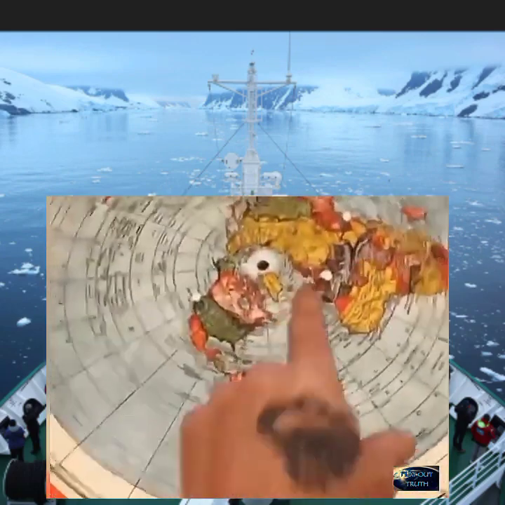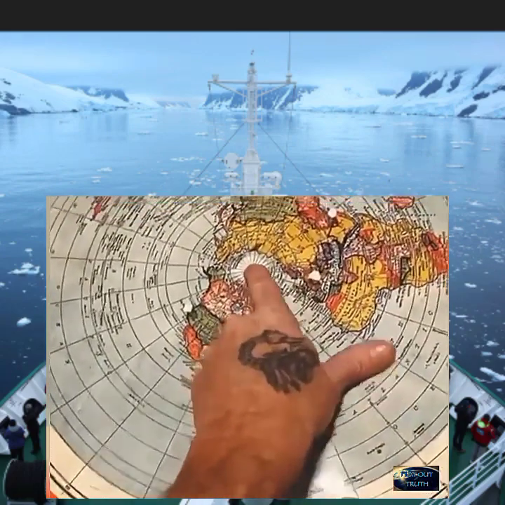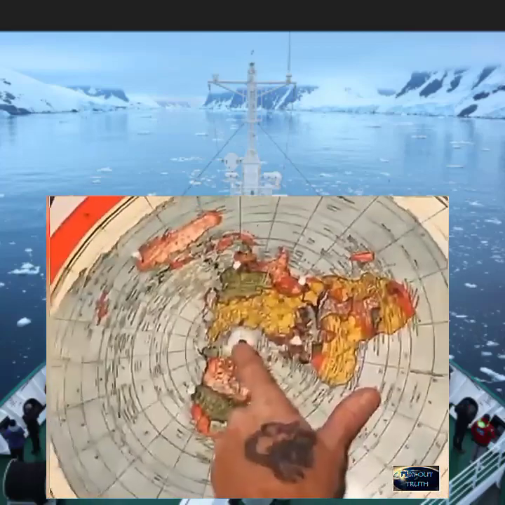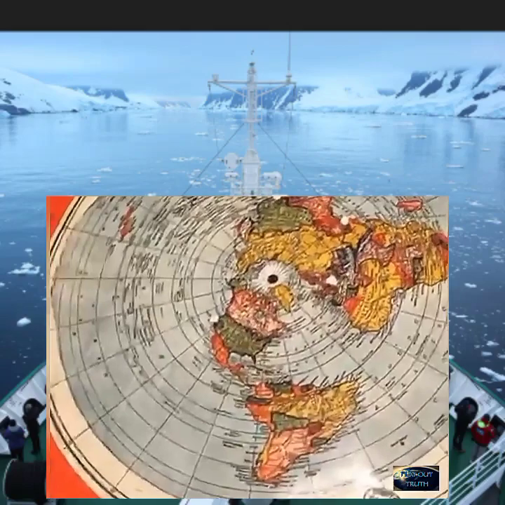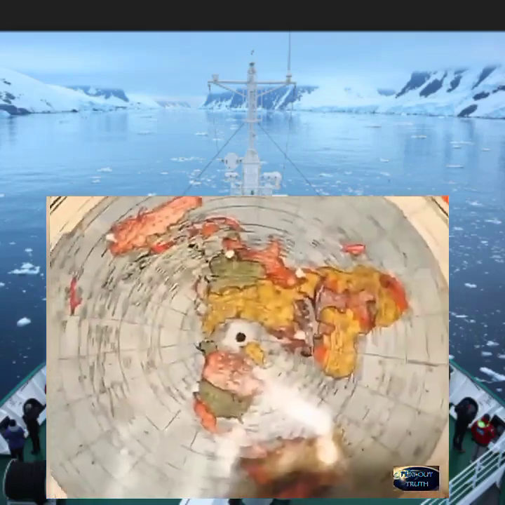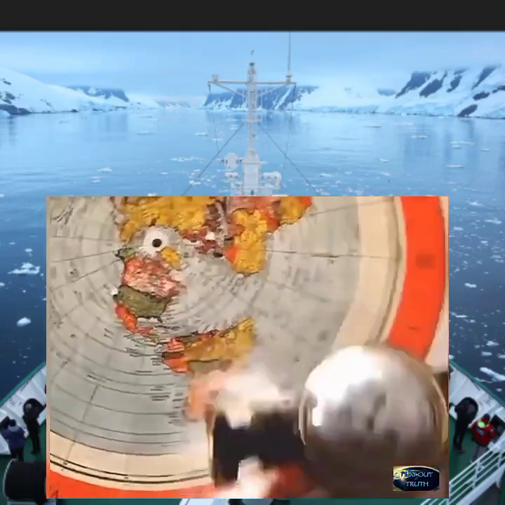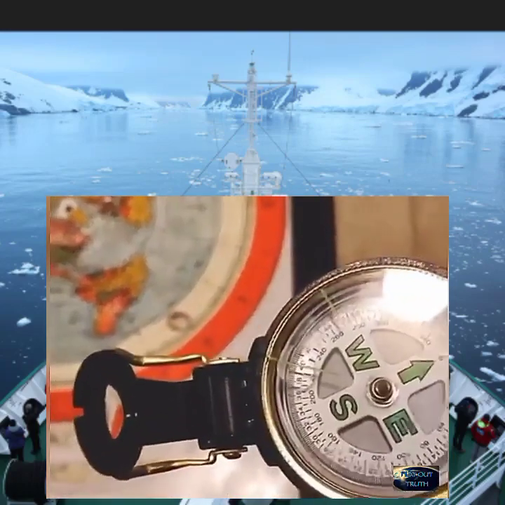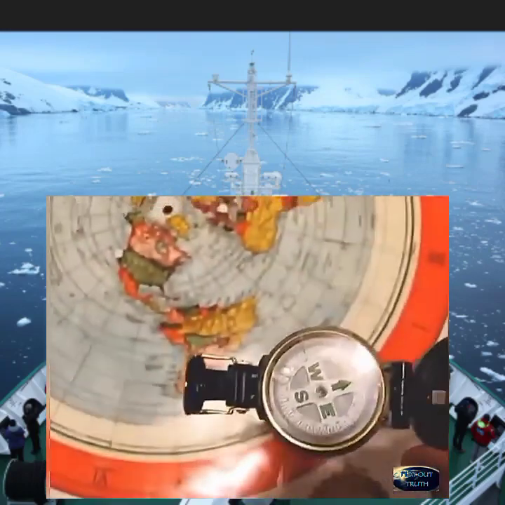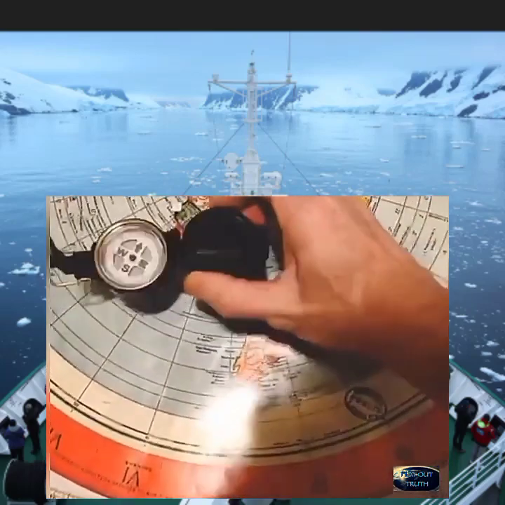Now, on the map, I've already magnetized the center of this flat earth map, which would be the North Pole. Now, check this out. As we take this compass, as you can see, it's pointing north where it's supposed to right now. But now we're going to take it to a smaller scale, which is right here.